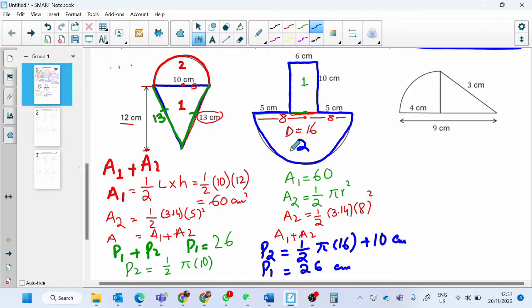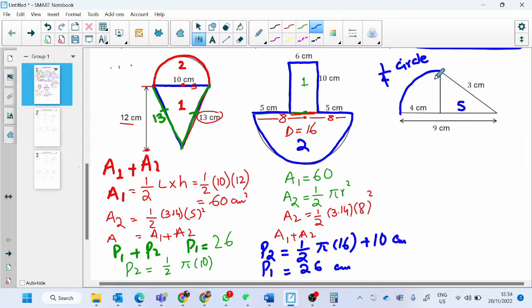So in this next question, we have a shape whose whole length is 9 centimeters. And if this one is 4, we can find this one is 5. And we can see this one here is 1/4 of a circle.